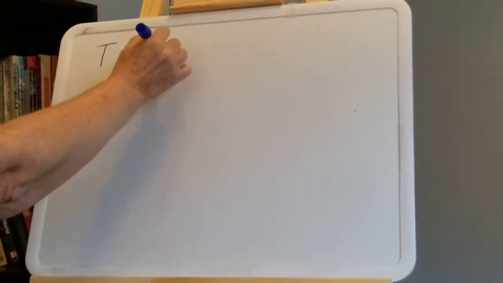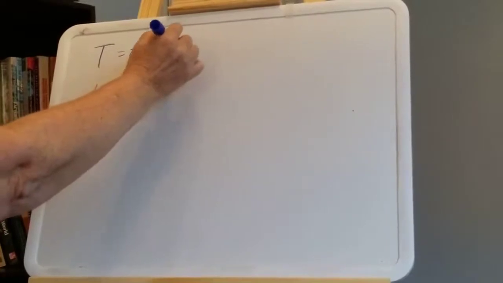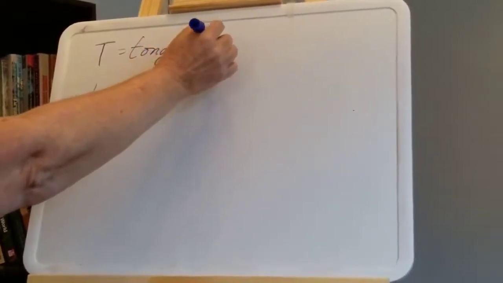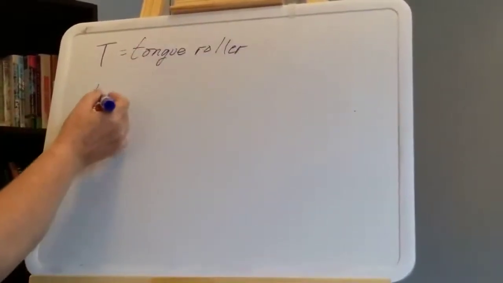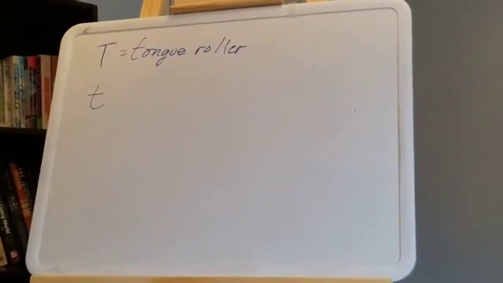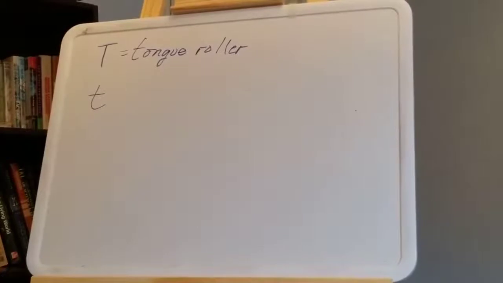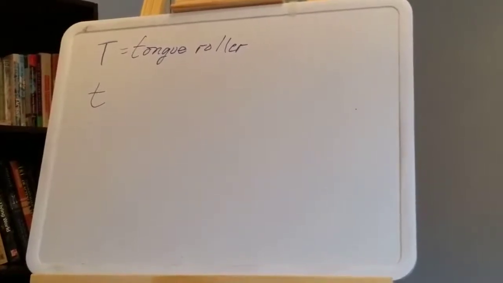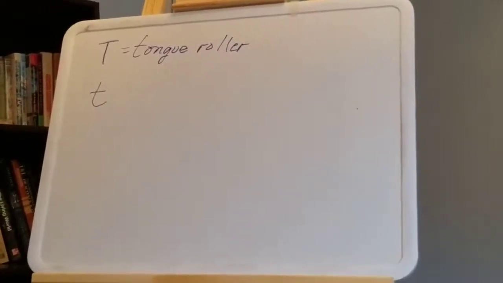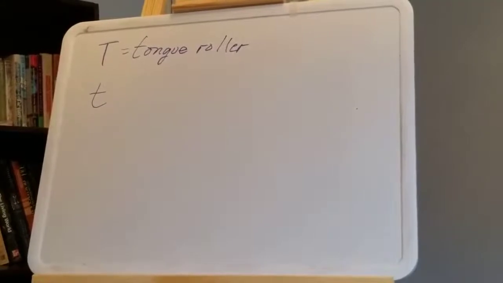So you use the same letter that you used up here to designate that you could roll your tongue, but you're going to use a lowercase letter for the recessive trait. The dominant one, as long as you have one copy of that gene for complete dominance, you will see that trait expressed. Now, if you have two copies of it, you'll still see it expressed.